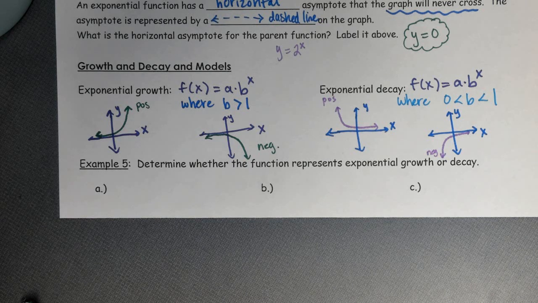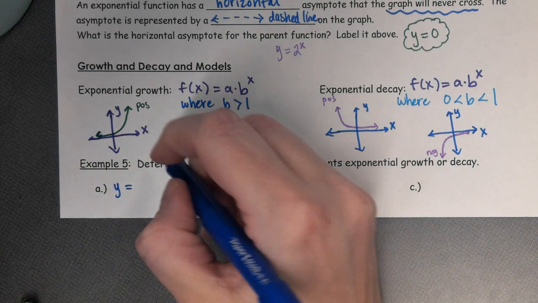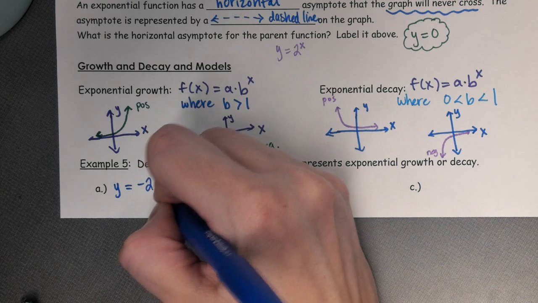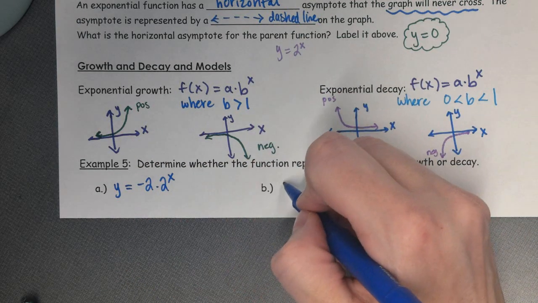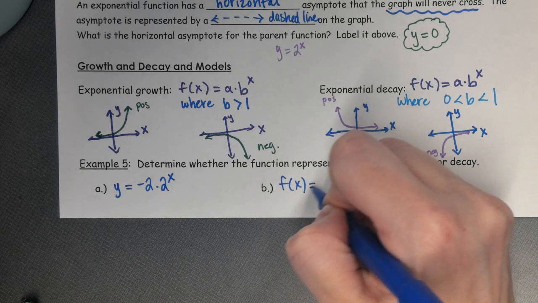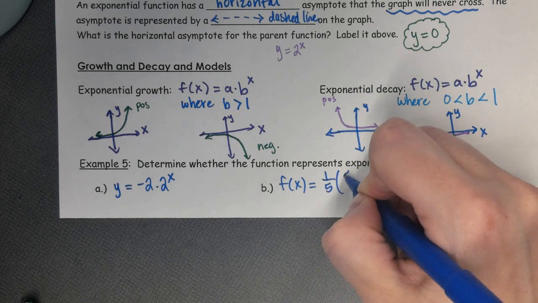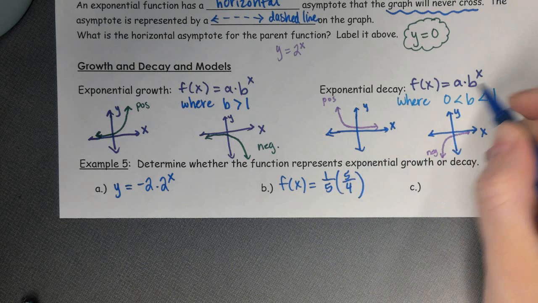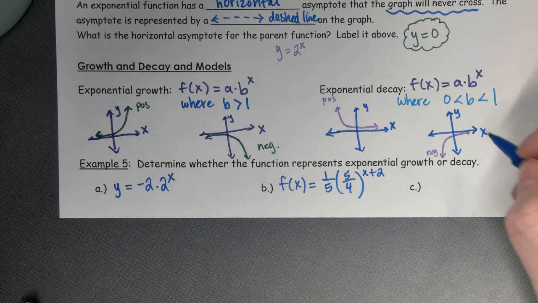So whenever you're given an equation, you have to pick out what the base value is. Remember that the base value is always attached to the exponent. So for each one of these, we're going to pick out the base value, and then we're going to say if it's exponential growth or decay.